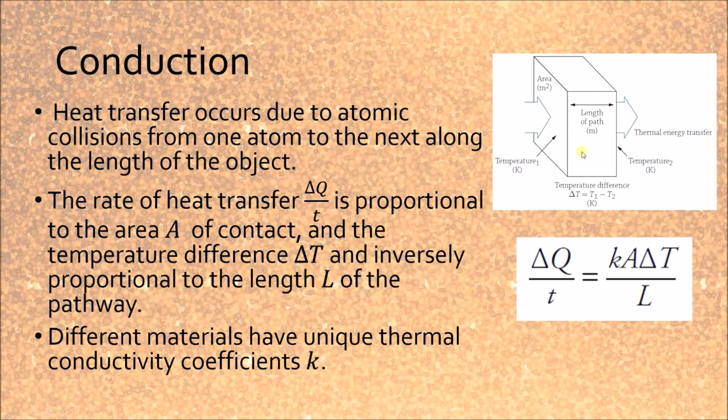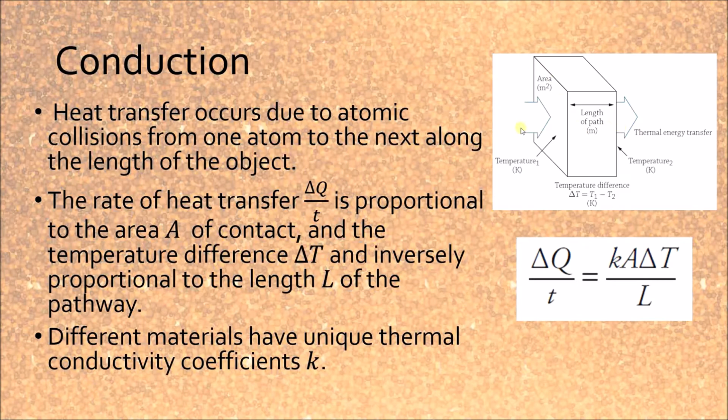So here's a pathway. I have this brick here that's hot on one side and cold on the other. The higher the temperature difference, the faster heat will try to push through. The longer the path, the slower it'll move through, because it just has a longer path.